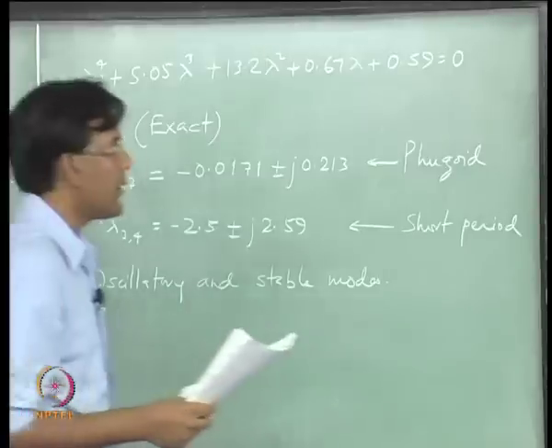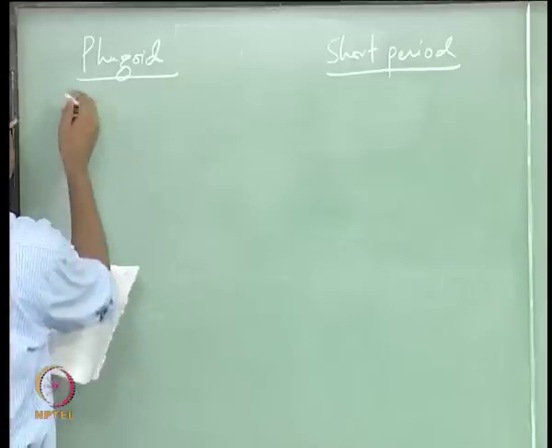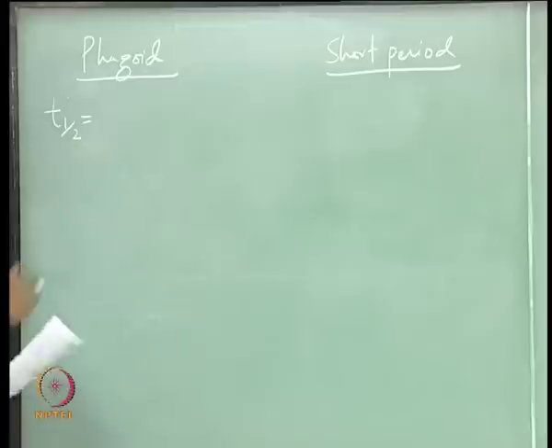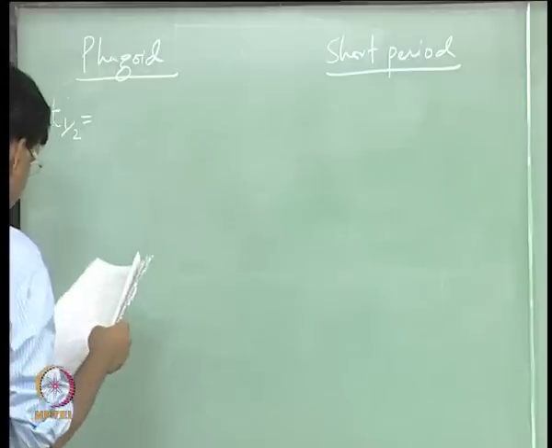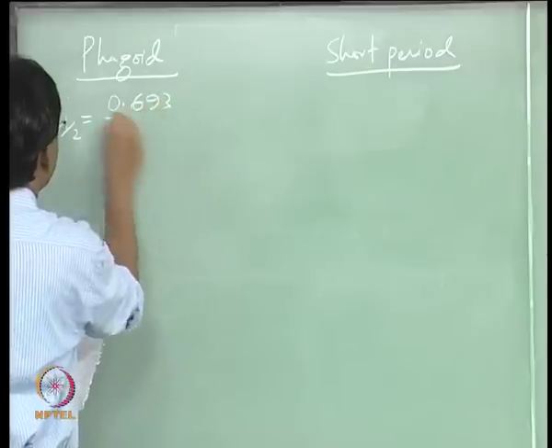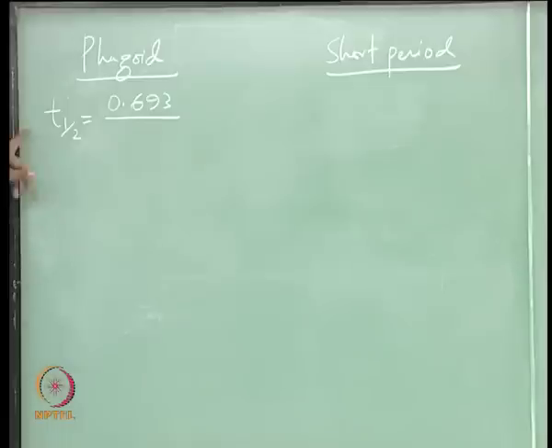These are some of the parameters that people normally use, the language in which you talk about the behavior of the motion. Time to half the amplitude, because it is a stable mode, so the amplitude is going to decay in time.